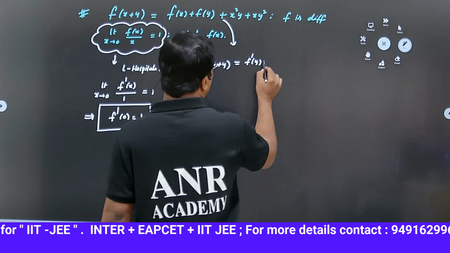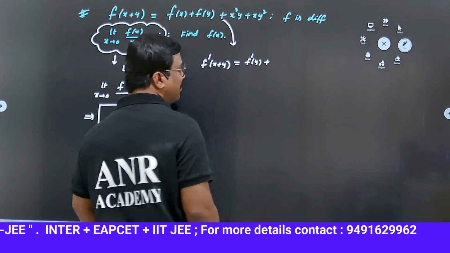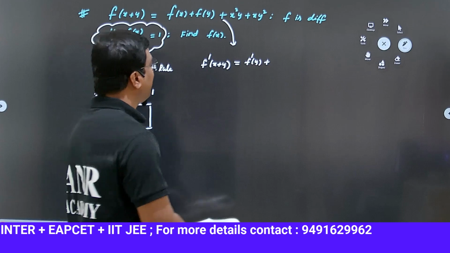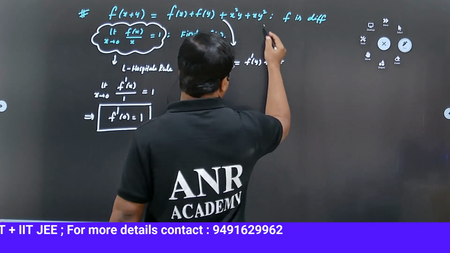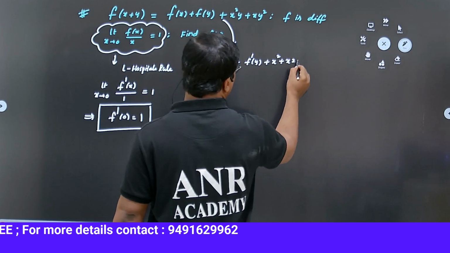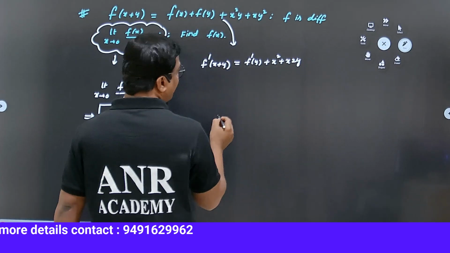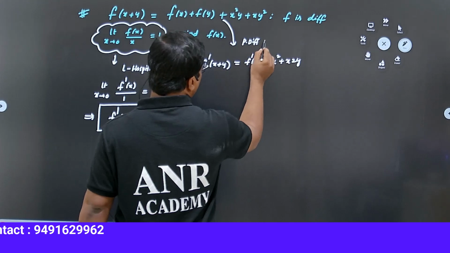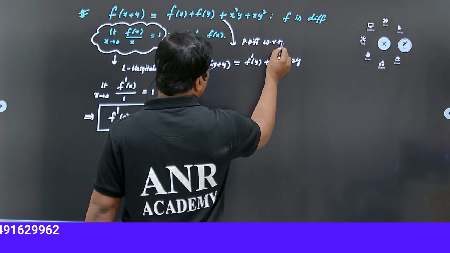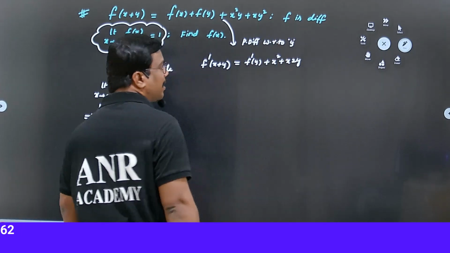Next, since partial differentiation with respect to y, y derivative 1, only x square you will get. Next, x constant, y square derivative 2y. This is the partial differentiation with respect to y result.